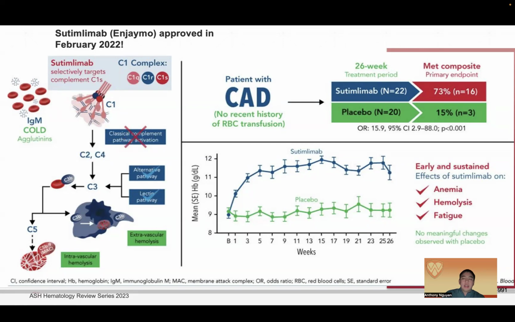The study that led to the approval of sutimlimab randomized patients in a 26-week period to sutimlimab versus placebo. As you can see, the mean hemoglobin improved with sutimlimab from week 0 to week 26, and there was an early sustained response in anemia, hemolysis markers, and fatigue.